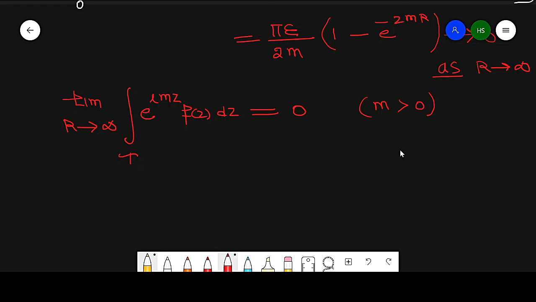Now for example, I am going to prove a very important result. So what is the statement of that result?